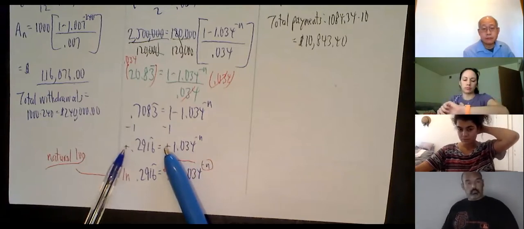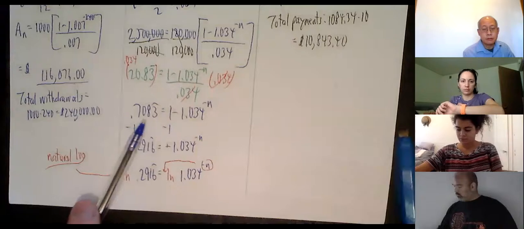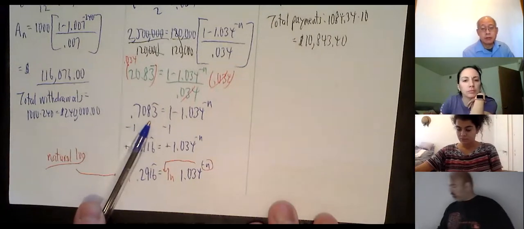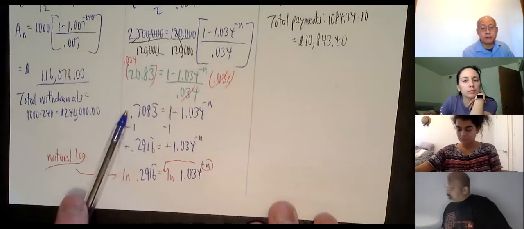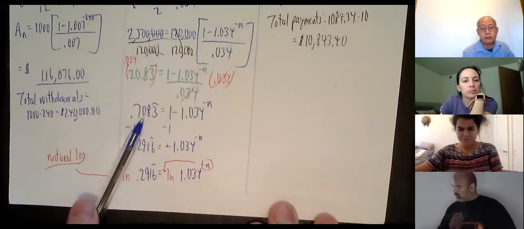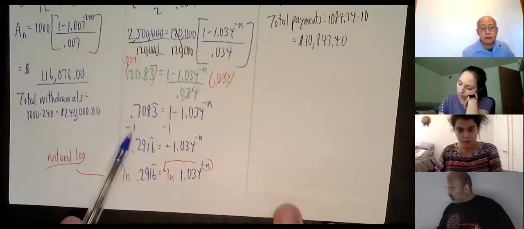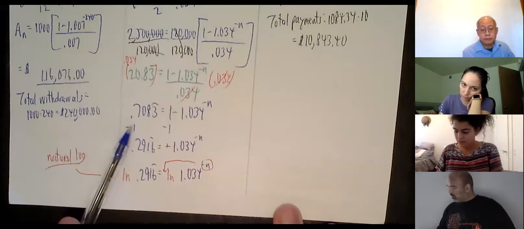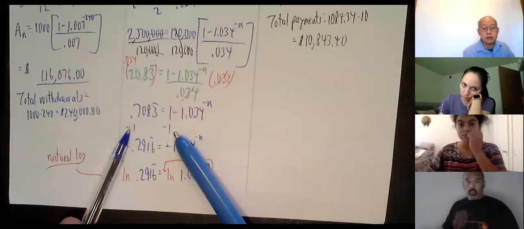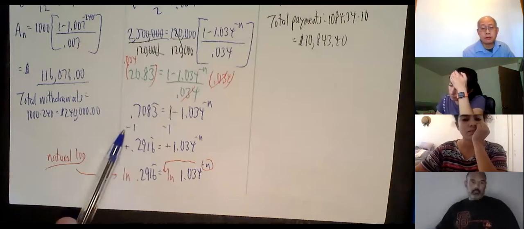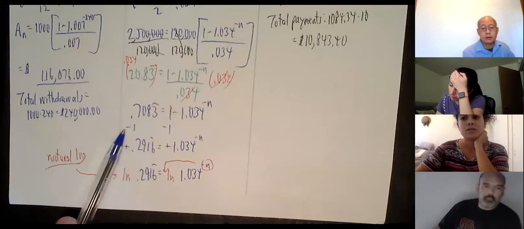No, on the top, 0.7083, is that negative? That's positive. There's no sign. If you multiply by negative 1, should it be positive? No, I'm subtracting 1 first. Oh, 0.7083 repeating minus 1. I see, not multiply. Okay.